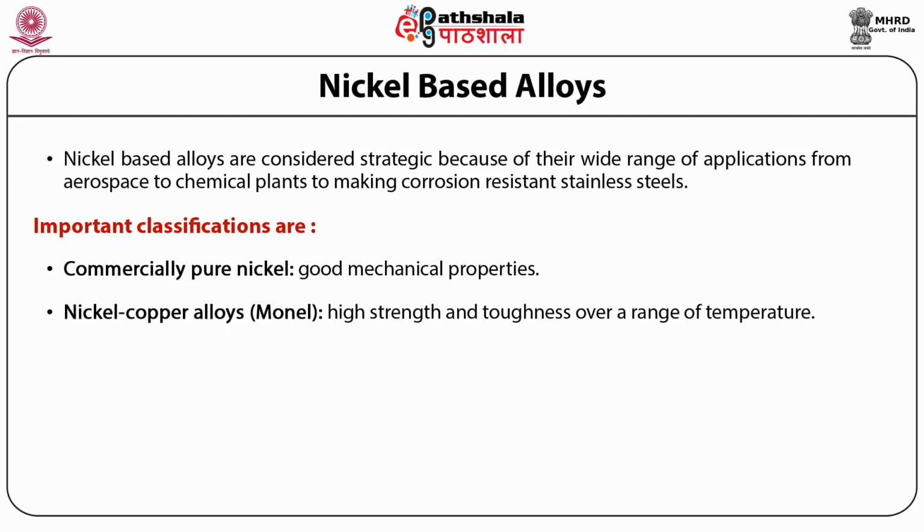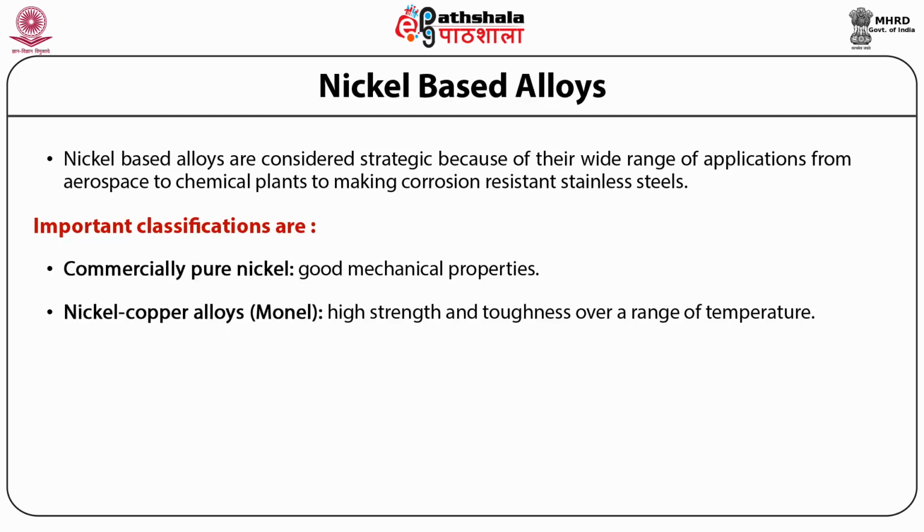These alloys have high strength and toughness over a range of temperature, good weldability, and excellent corrosion resistance. Major applications of these alloys are making valves, pumps, marine fixtures and fasteners, chemical processing equipment, oil well drill collars and instruments, etc.